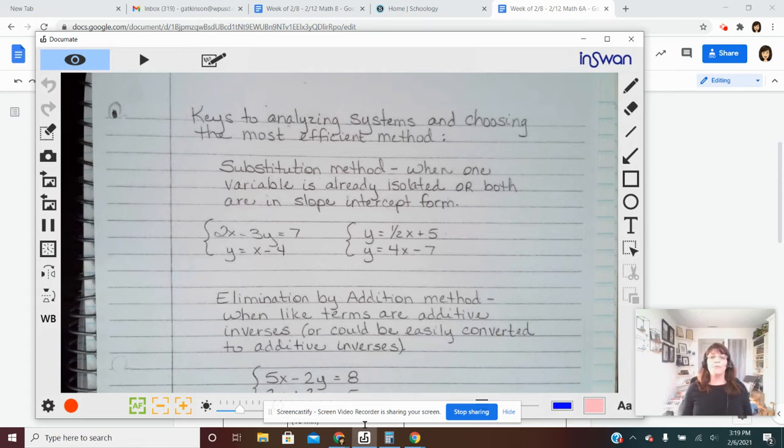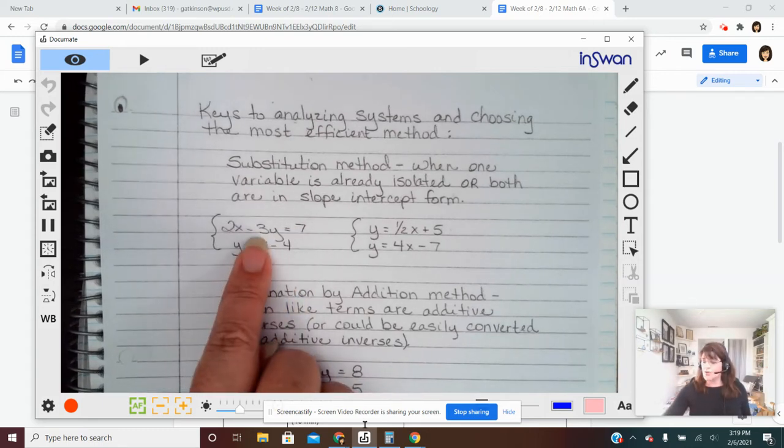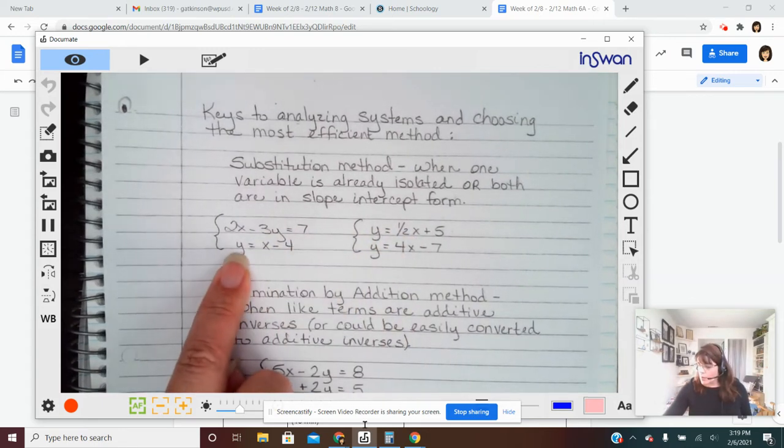Go ahead. The purpose of these notes right here, and that is just a photocopy out of my notebook, is hints and keys for when you're given a system of equations, what method do you use to solve it? Where do you start? So, in these first two examples, we have y isolated.